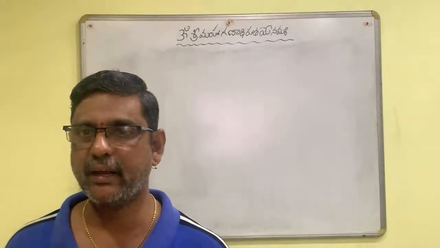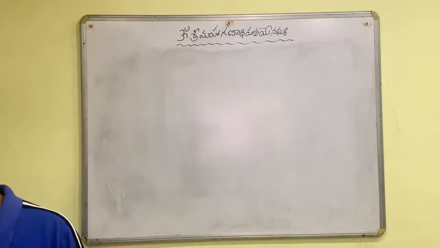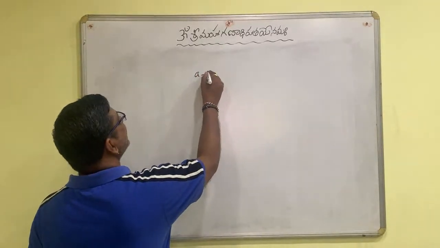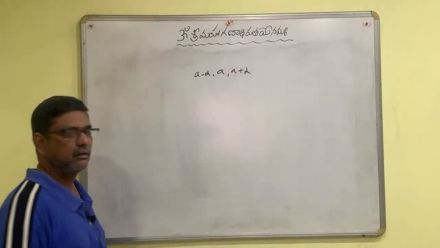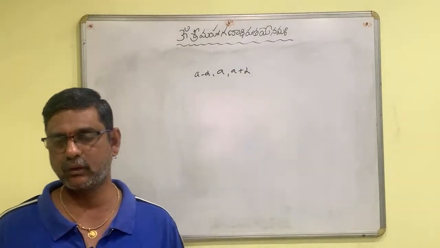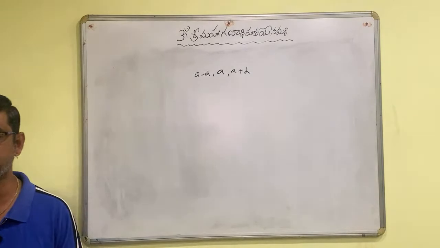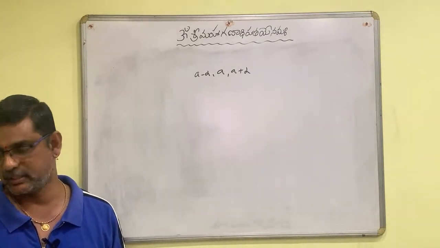We need to take those numbers in a different way. If it is three numbers, you have to take them like this: A minus D, A, A plus D.